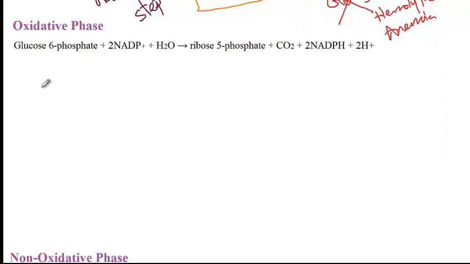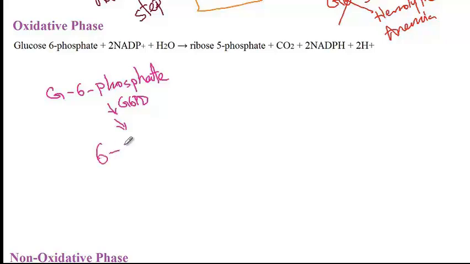Alright, so here we have the starting molecule, glucose 6-phosphate. There are a few reactions that are going on. The first one is carried out by the glucose 6-phosphate dehydrogenase enzyme, and these first reactions will give rise to 6-phosphogluconate.